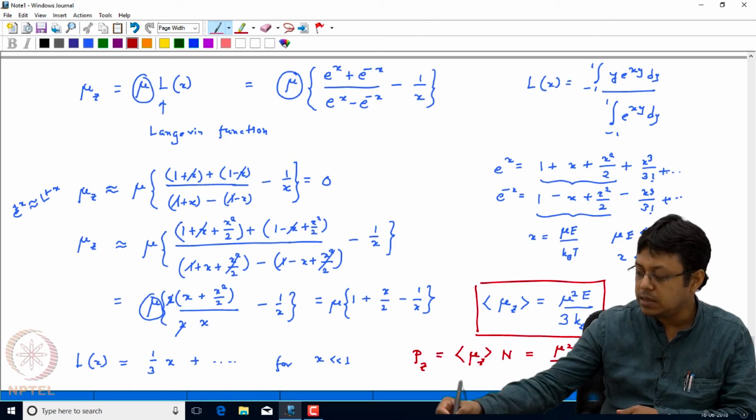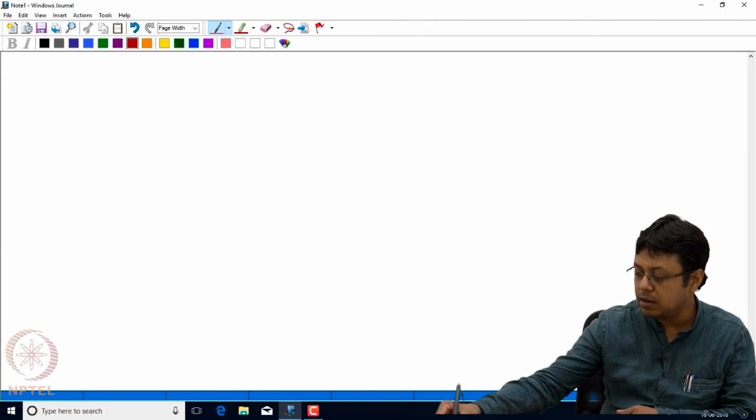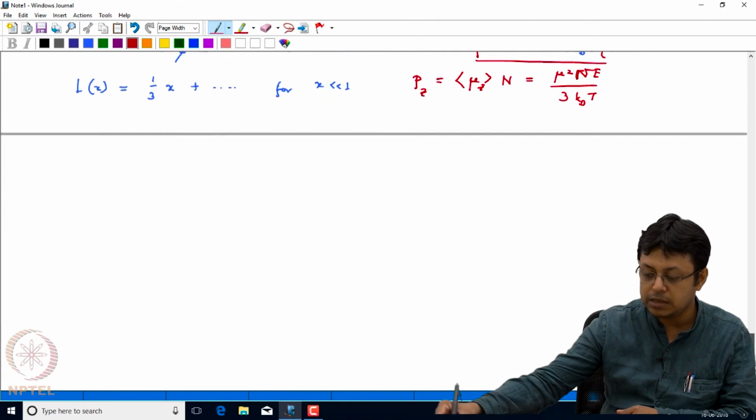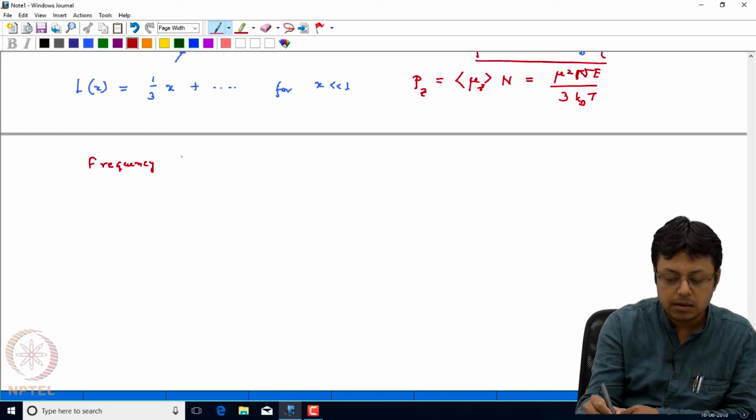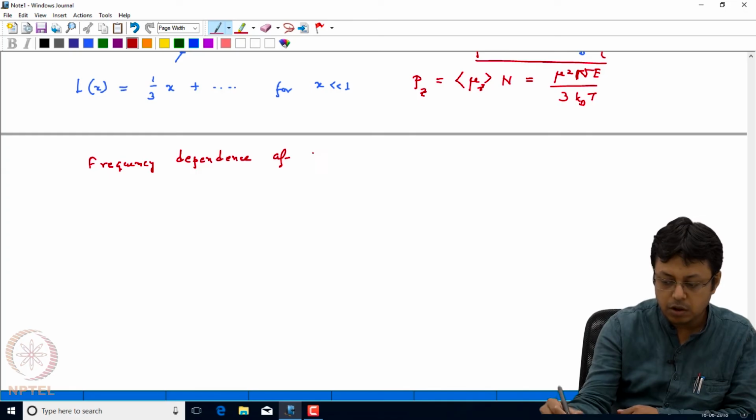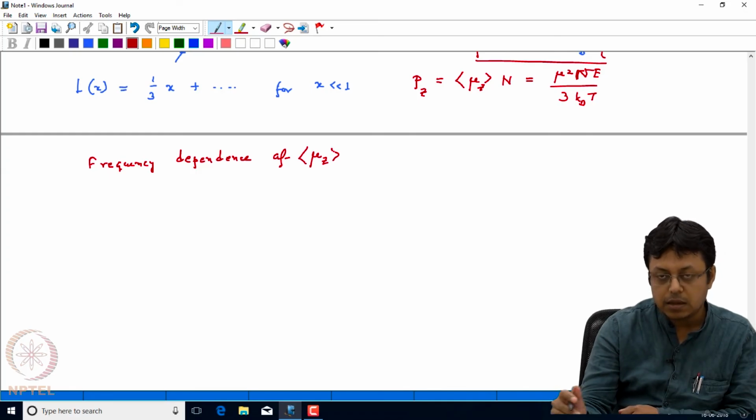Now, the question is, when we apply this electric field, we can have frequency dependence of the electric field. So, let us talk a little bit about the frequency dependence of the average value of mu z.